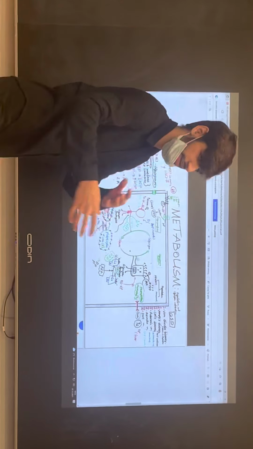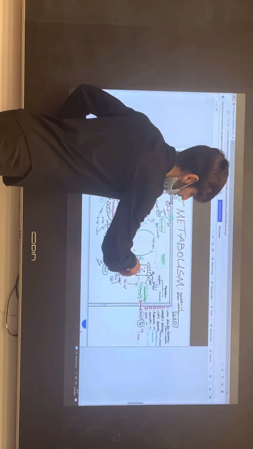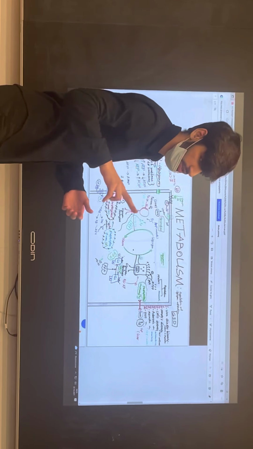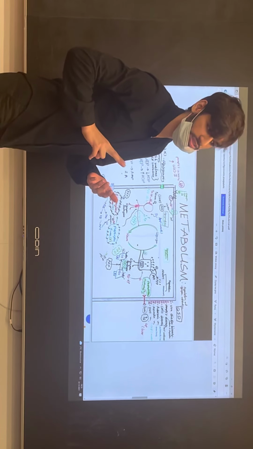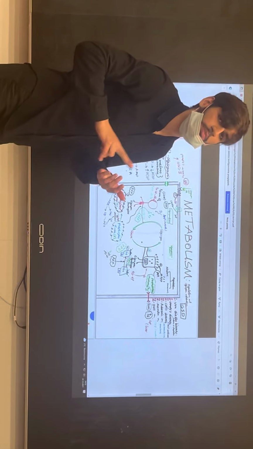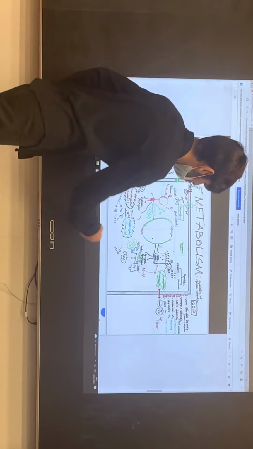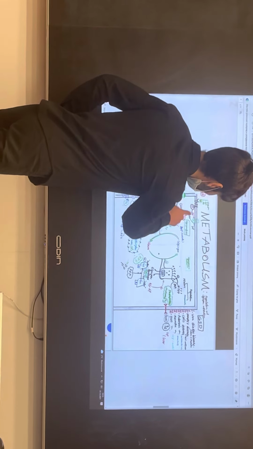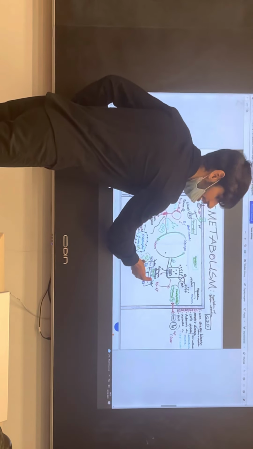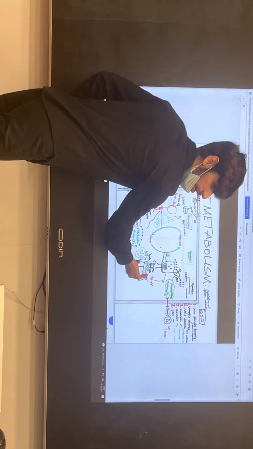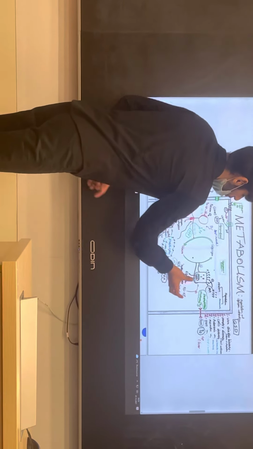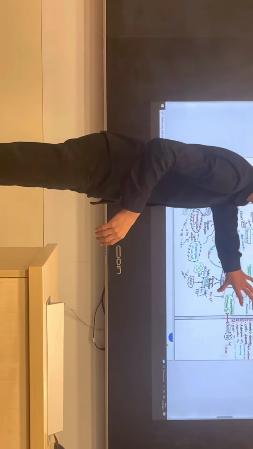Before I explain the process, I'll just tell you that glycogen synthase also has two forms: glycogen synthase A and glycogen synthase B. A means it is active and B is inactive. So when this protein kinase A phosphorylates the glycogen synthase, it will turn into the inactive form because it is phosphorylated.